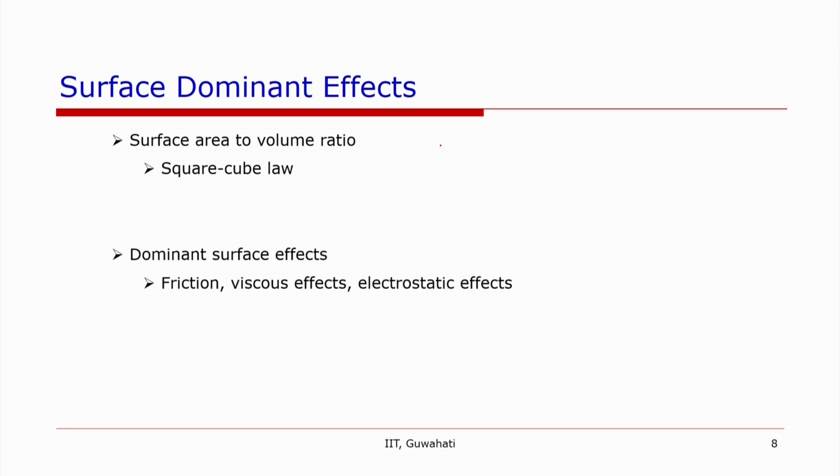Let us write the surface area as A and the volume as V. Surface area is proportional to length squared and volume is proportional to L cubed, so the ratio A by V is proportional to 1 over L. The ratio of surface area to volume is inversely proportional to the length.